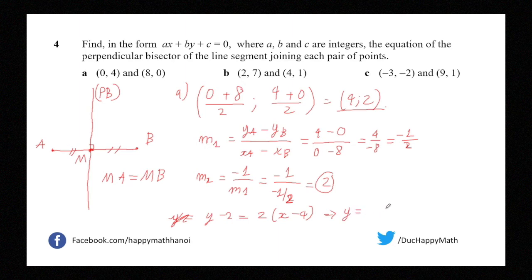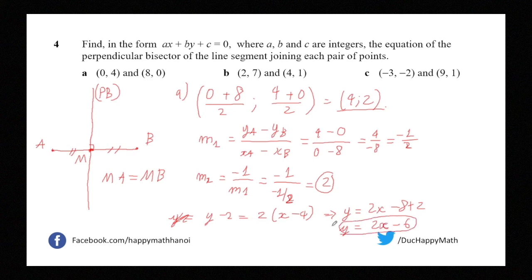So y equals 2x minus 8, and then plus 2, moving the minus 2 from the left hand side. So the full equation here is y equal to 2x minus 6.